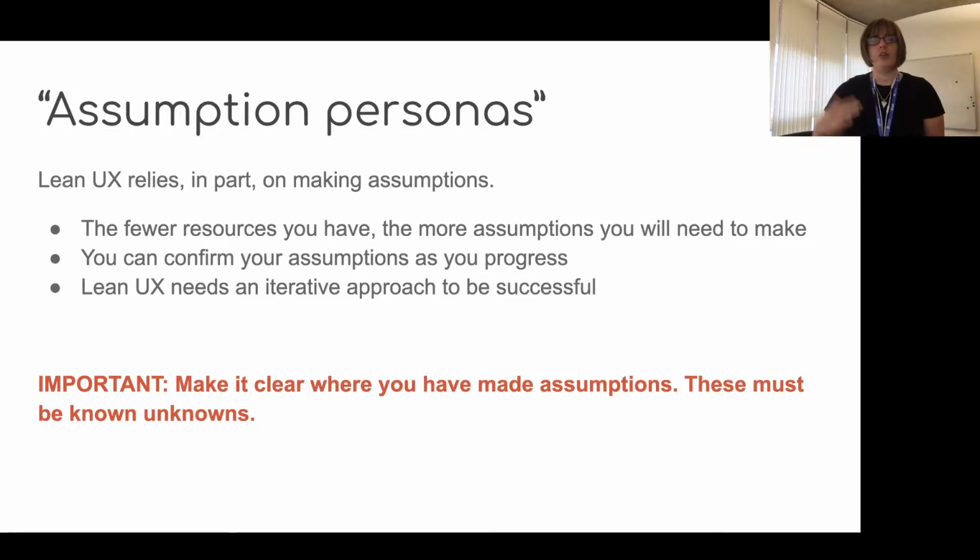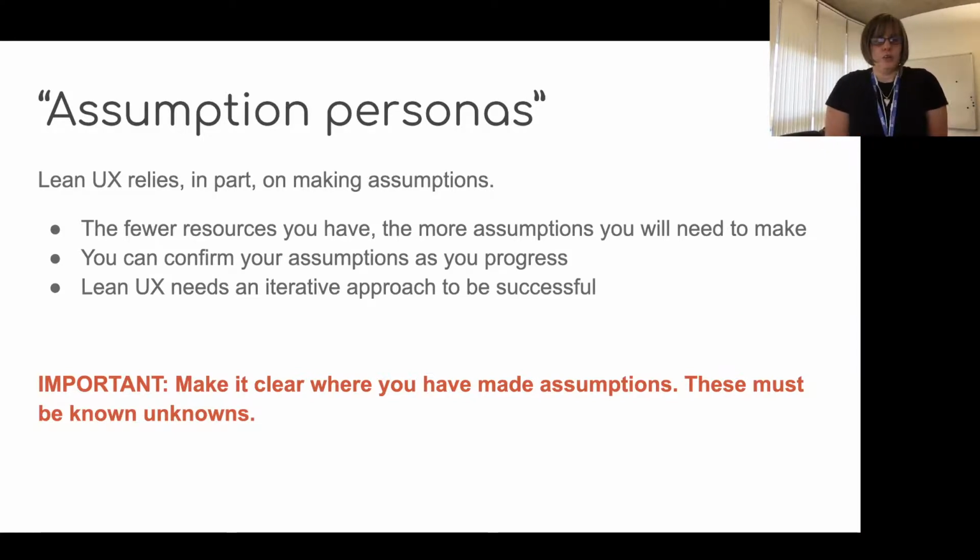If you try and do any kind of user experience process as a waterfall process, you're high risk, because people are variable. People understanding people is difficult, so are you going to get it right the first time? I'm going to say no. So Lean UX in particular, because you don't have that extensive user research phase, you need that iteration to allow you to confirm or deny those assumptions.